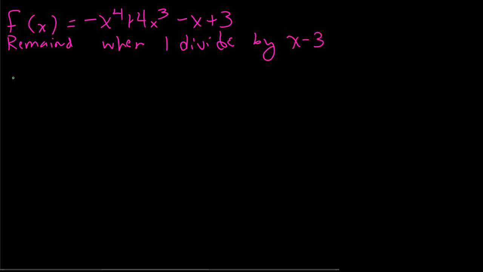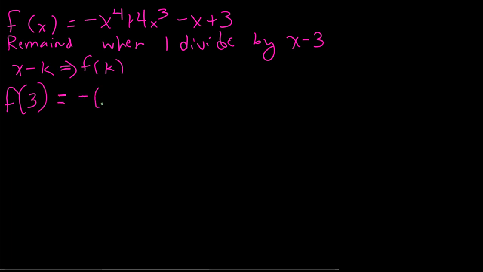And so my remainder theorem says that x minus k, if I put in f of k, I get the remainder. Negative sign, negative sign. So what I'm looking for is f of 3.